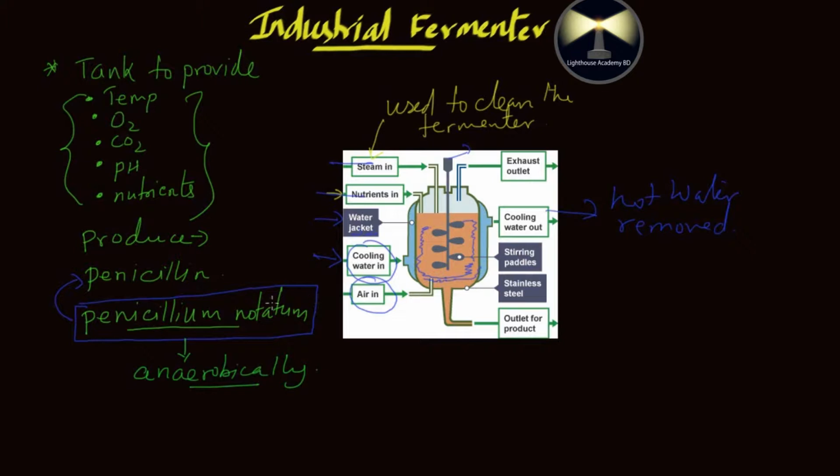Okay, so in the case of the Penicillium notatum fermenter, the fermenters that are used to nurture Penicillium notatum, you don't need this air inlet. But in the case of other organisms, as I mentioned before, that industrial fermenter is used for producing more microorganisms like bacteria or any other kind of bacteria or fungus.